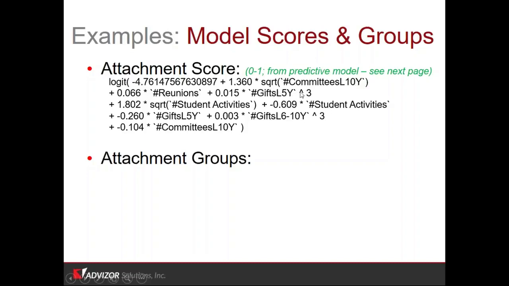It looks more linear. Gifts in the last 5 years get cubed with some factor, and then there's a square root of student activities minus something, so there's a bunch of math. Gifts in the last 6-10 years matter, and so it's taking the factors that are found to have influence on giving and writing them into an equation that weights them appropriately for your institution.